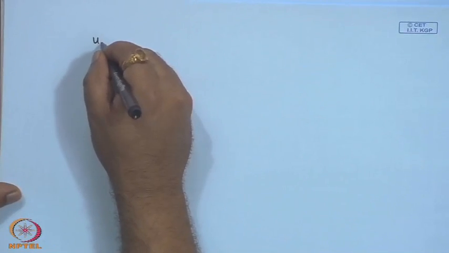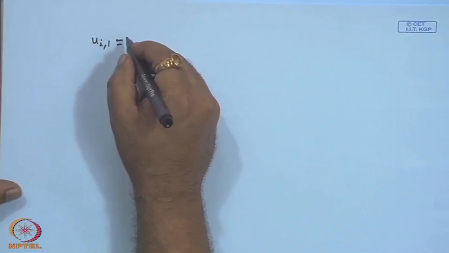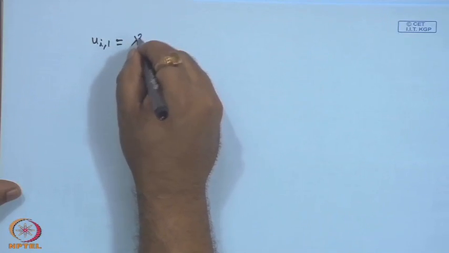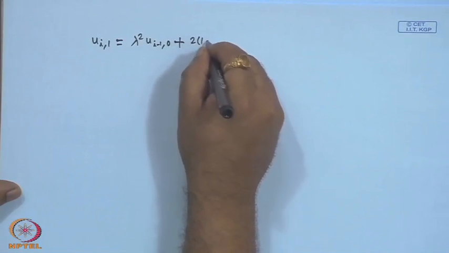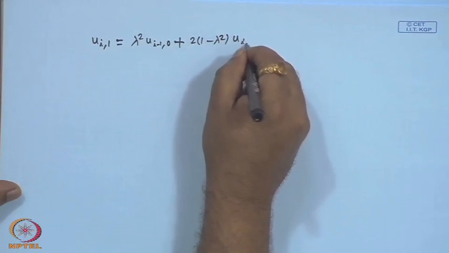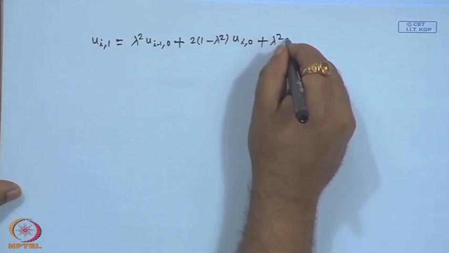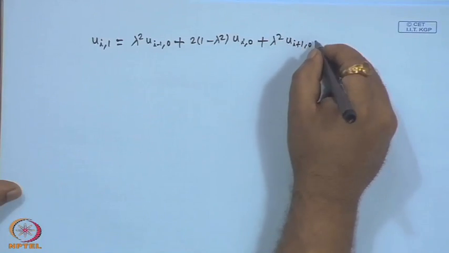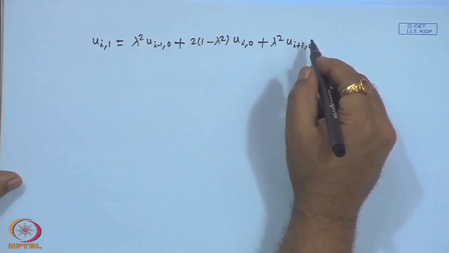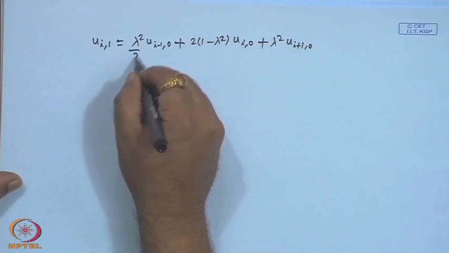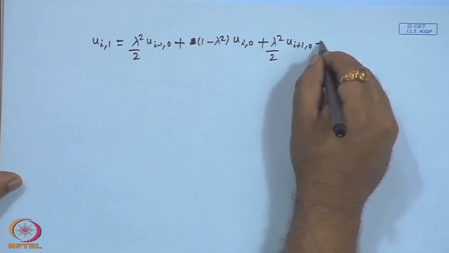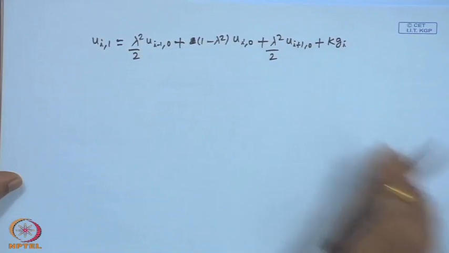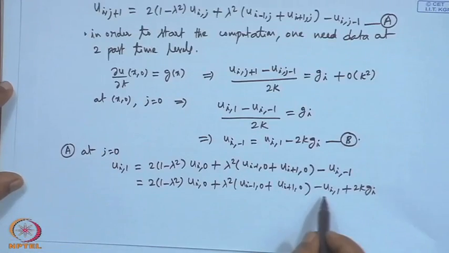So, ultimately we get u I 1 equals to, so this 2 gone, plus k g I. So, I did not do anything, so one step I skipped.